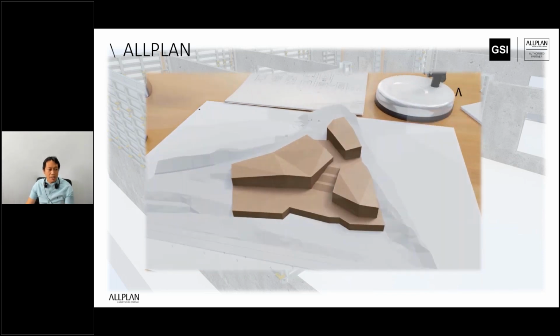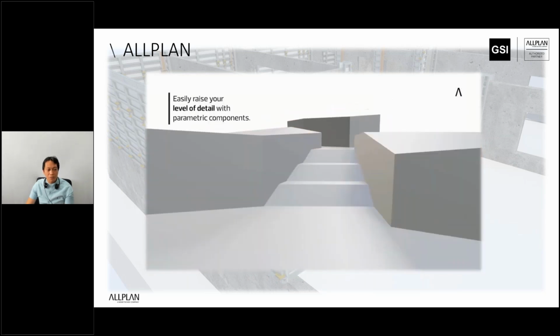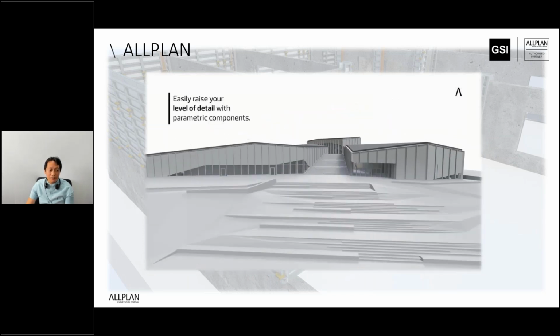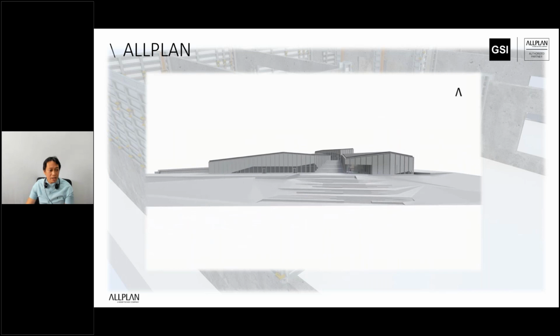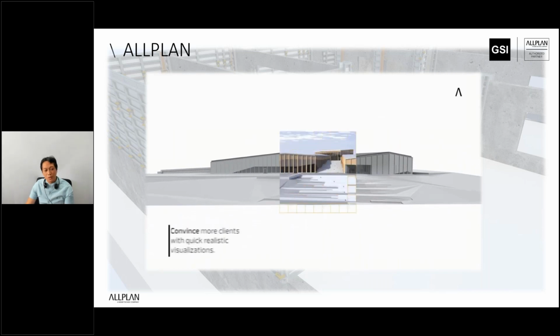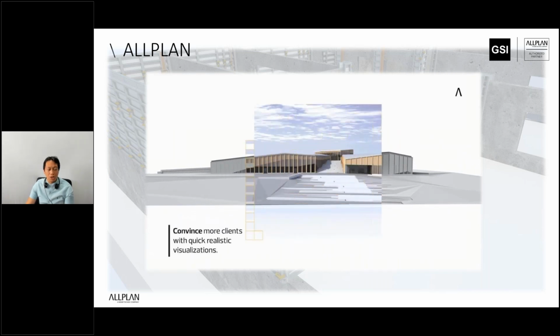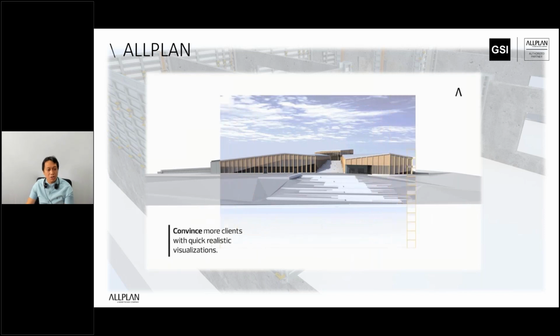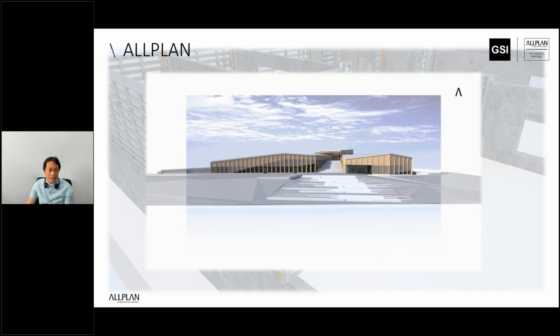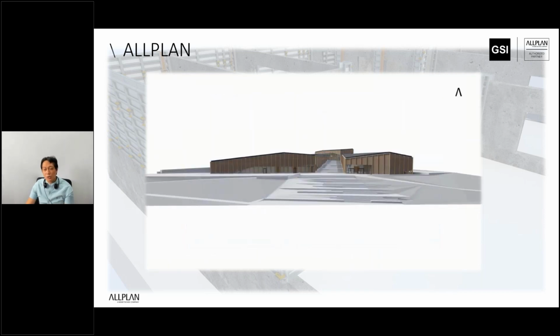Allplan is a comprehensive BIM solution that supports various stages of the building life cycle, from conceptual design to construction and facility management. So it enables architects, engineers, and construction professionals to create detailed 3D models of buildings and infrastructures.